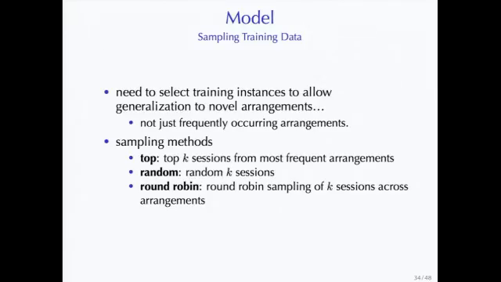Okay, another tricky thing here is how we use training data for training this model. What we want to do is select instances so that the model is robust, so that it can actually generalize to brand new arrangements.